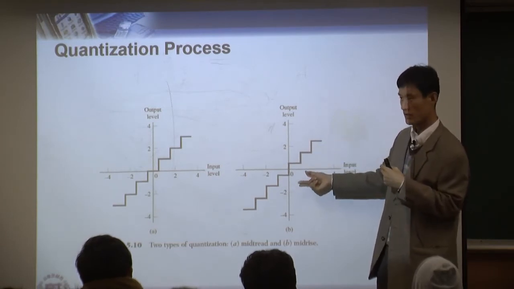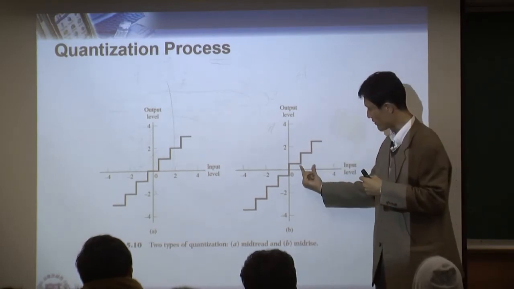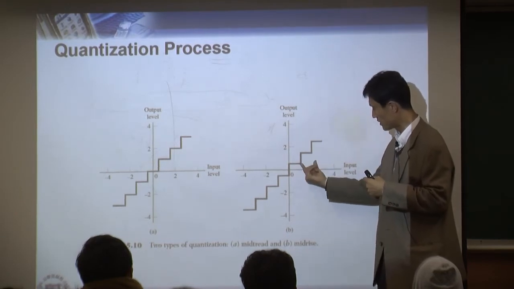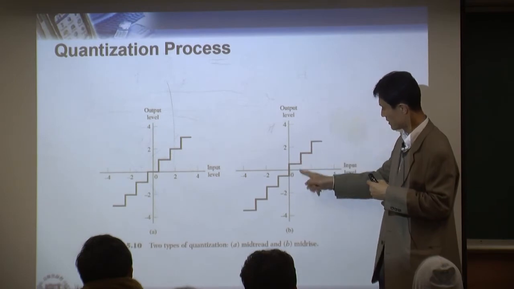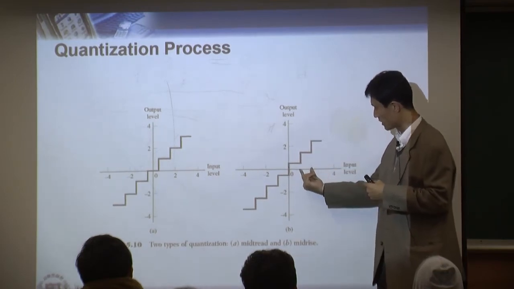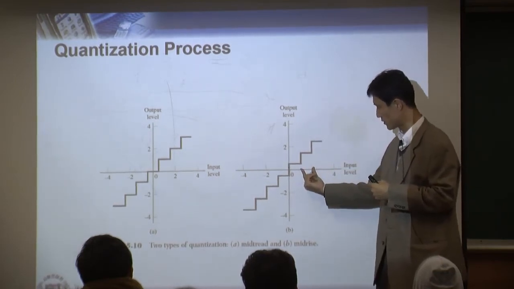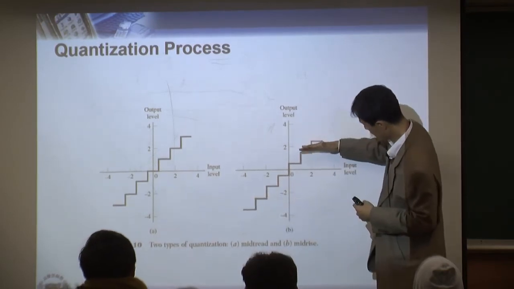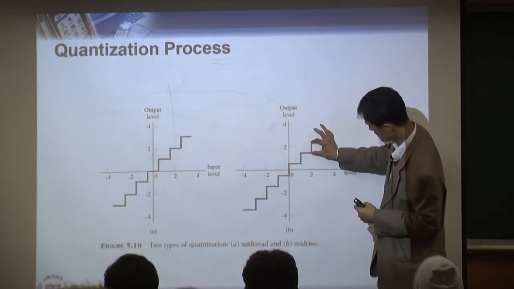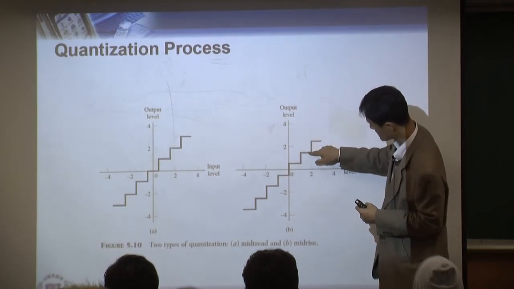The uniform quantization. See here, we have a range between here to here. If the input is between here to here, you get this output, right? Here to here, this output. But look at the range. This range, this range, this range. These are all the same range. And also the output value, this is all with the same step size.